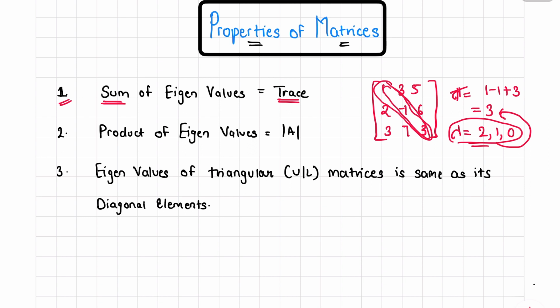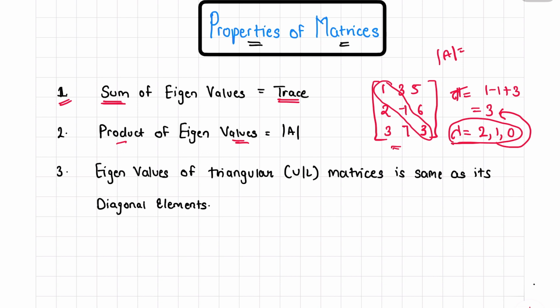Now moving on to the next property, which is that the product of eigenvalues is equal to its determinant. I'm just taking an example, this might not be the determinant of this matrix, but if we find the product of the eigenvalues, here we got the eigenvalues as 2, 1, 0.